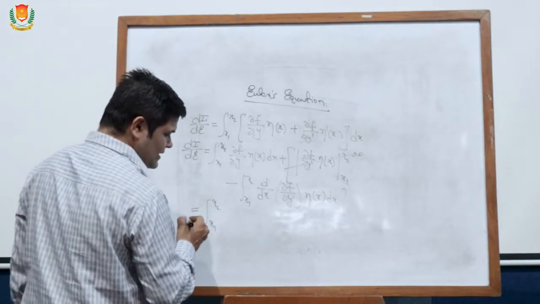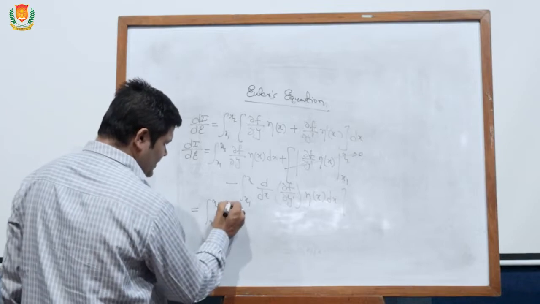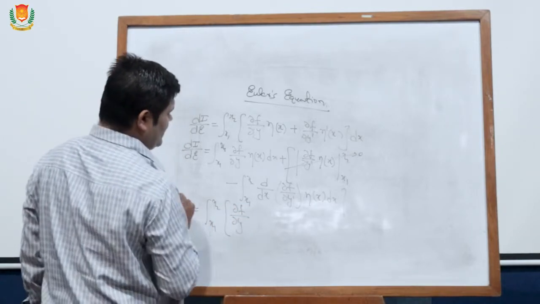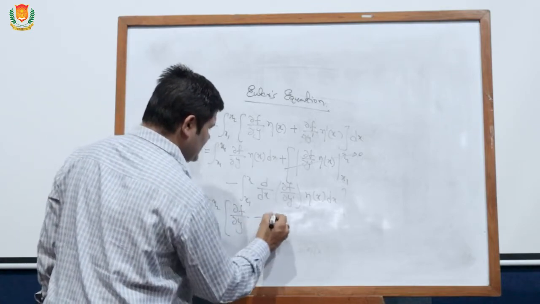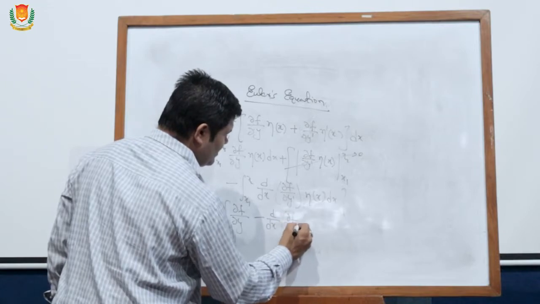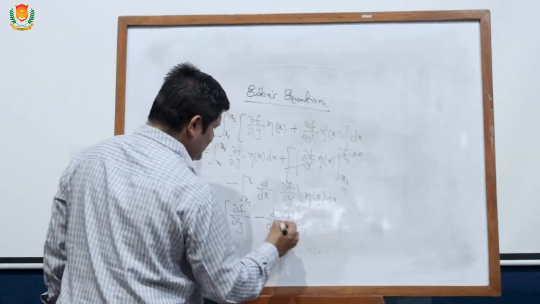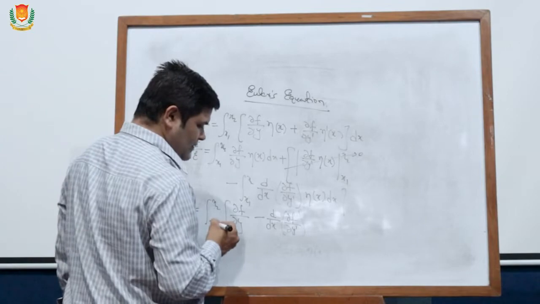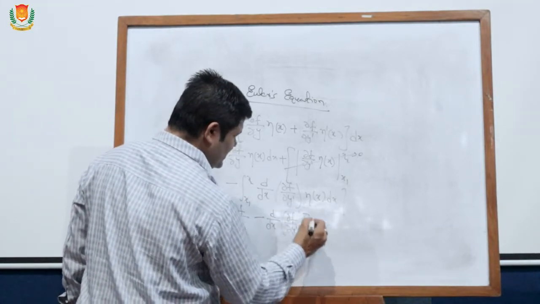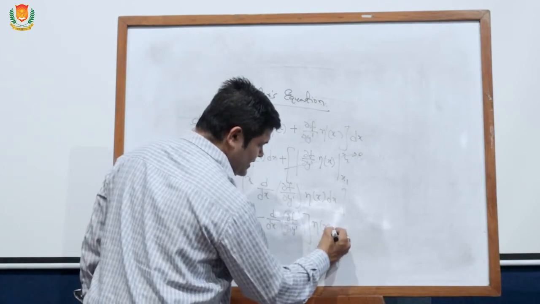I am writing this equation: integration del f upon del y, minus sign, d by dx del f upon del y dash, and outside this eta x dx.